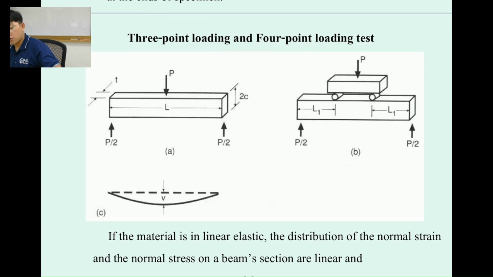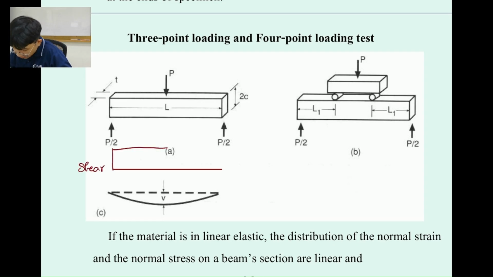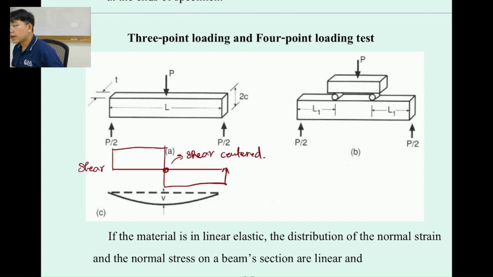For example, if we draw a free body diagram over here of the shear of the 3-point loading test, you're going to get the shear of this graph over here like this. Okay, which means this one is going to be shear at the center, which means we would like the sample to deform or bend at the center.